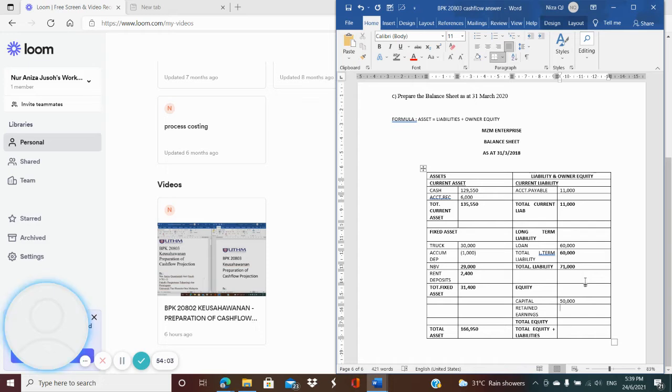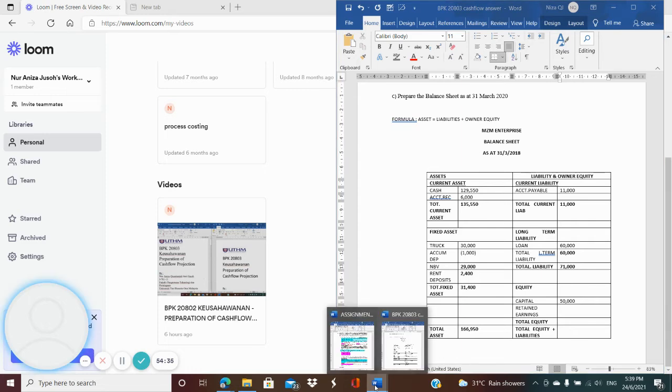Then add again the new net income from the next month, and minus any drawings to get the new retained earning for February. Then use the retained earning from February, add it with the net income of March to get the retained earning for March. I think it might confuse you.